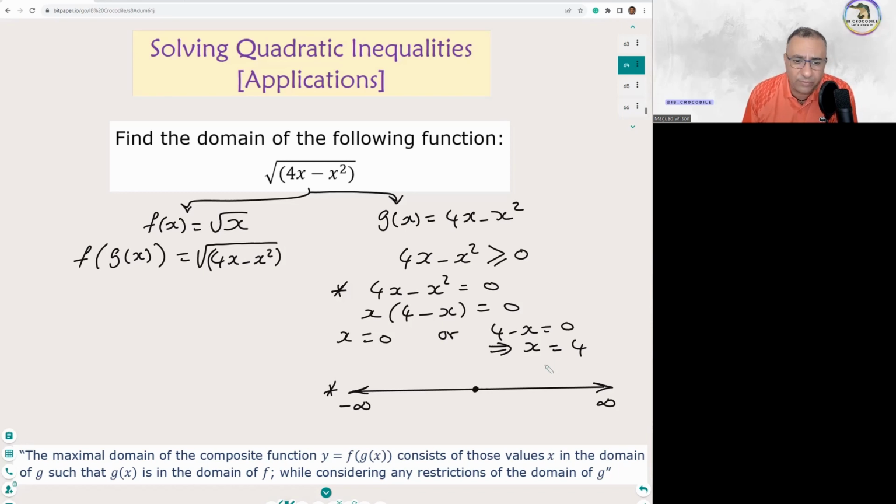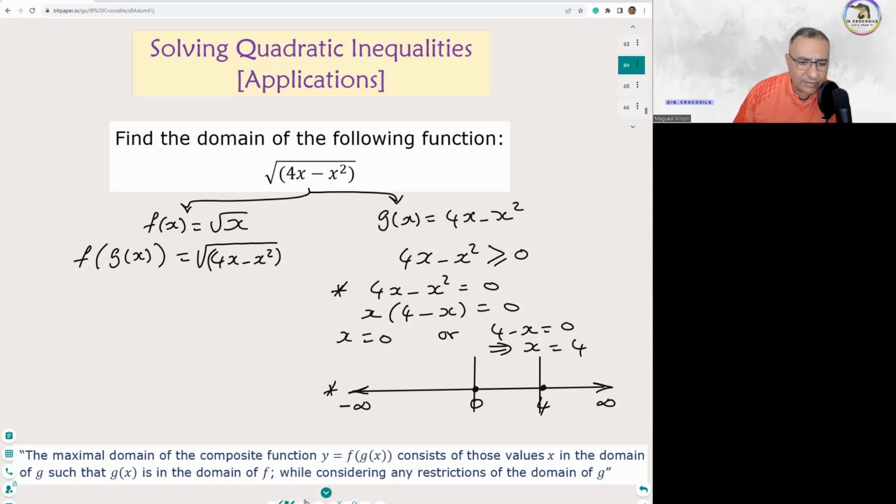That's why I draw a closed circle on the number line for both 0 and 4. Otherwise, it would be an open circle. What we notice is that the number line is divided into 3 regions. Then we need to find the sign of the inequality in each region by picking a testing point.